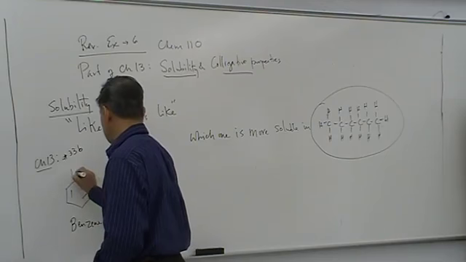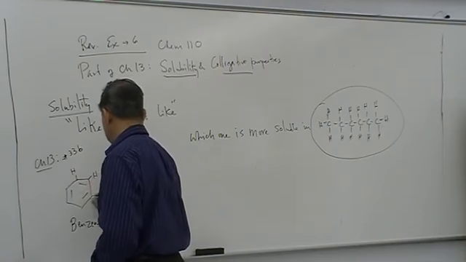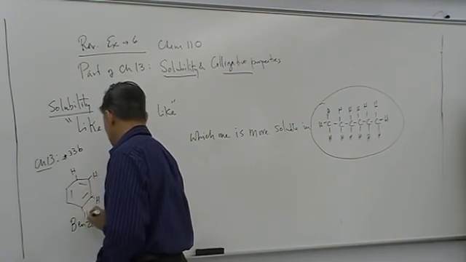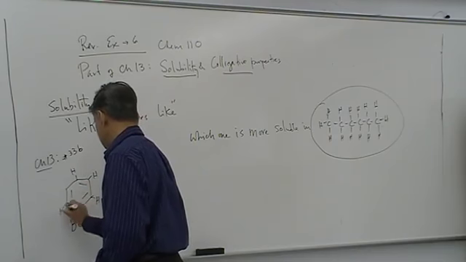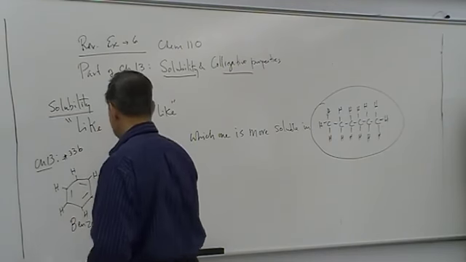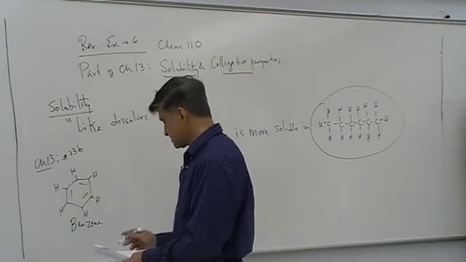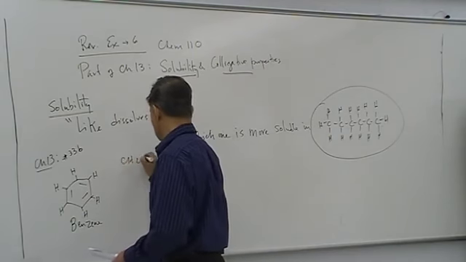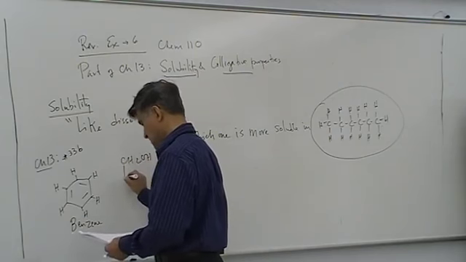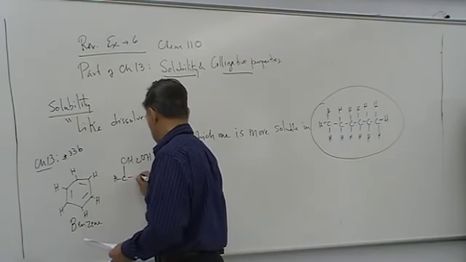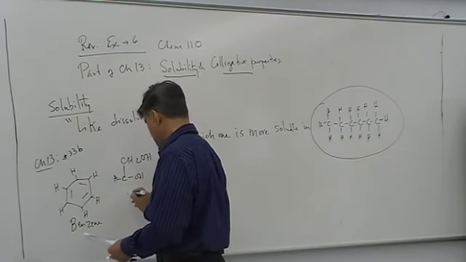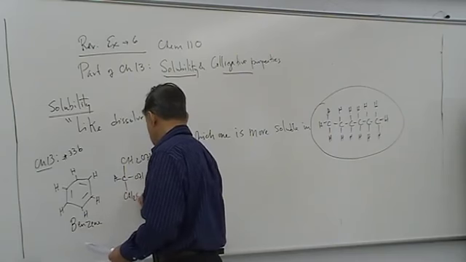And benzene has hydrogen for each carbon. Each corner is a carbon. If nothing else is written, that means it's understood it's carbon. So that's benzene. And the other one is glycerol. Glycerol has this structure, CH2OH. Then you have CHOH, then you'd have CH2OH.